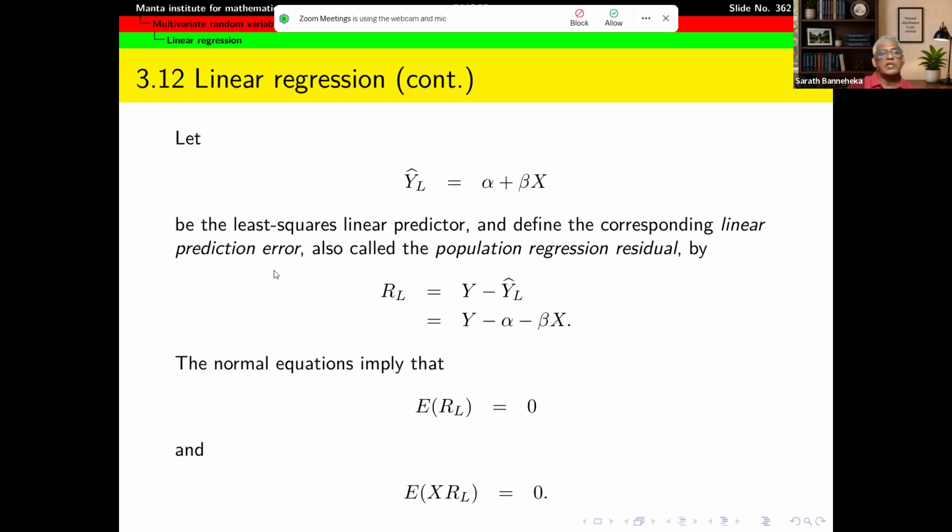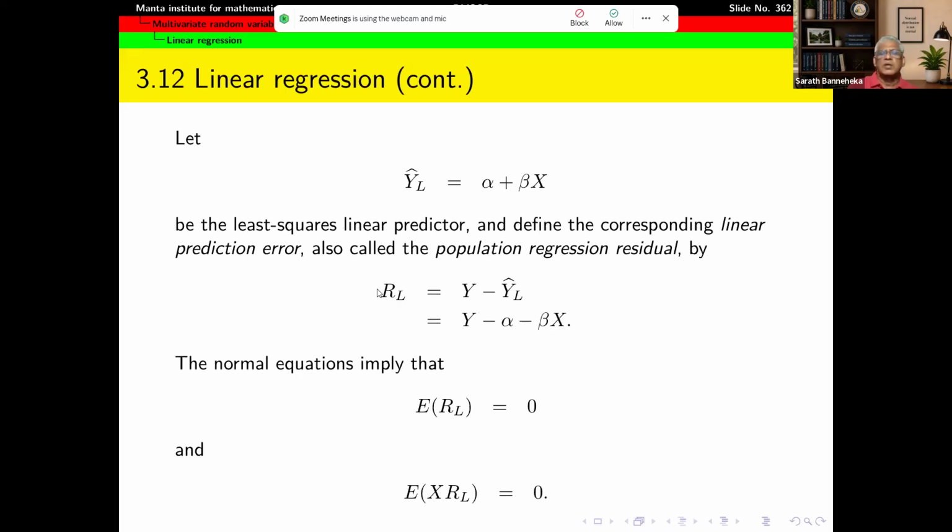And define the corresponding linear predictor error, also called the population regression residual: y minus this quantity. This is the predictor, y is the original random variable, so the difference between those two is called the linear prediction error.